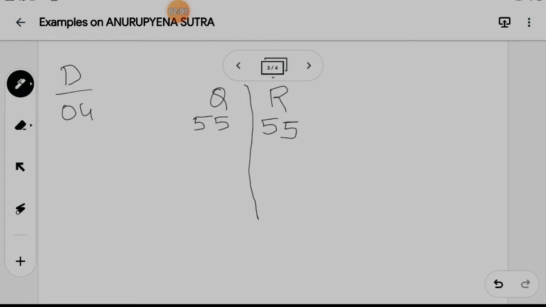So 04 into 5 will be 20. So we must add 20 to the subsequent digits, 57 in the quotient part and 55 in the remainder part. Now, this 04 must be multiplied with the next digit, that is 7, and must be added to subsequent digits, that is 5 and another 5.